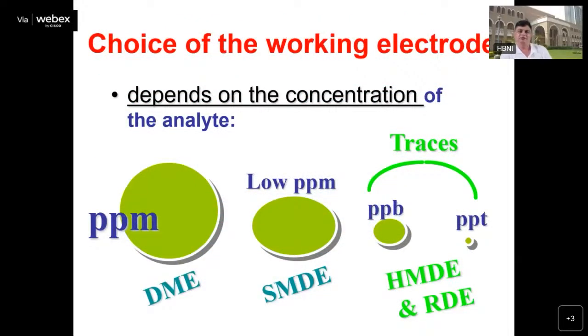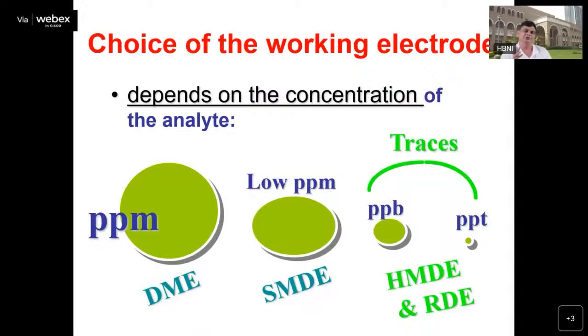See, this is very crucial and important: what kind of working electrode one has to choose, whether to go for the dropping mercury electrode, the static mercury drop electrode, the hanging mercury drop electrode, or the rotating disc electrode. Again, it depends on the concentration of the analytes. If we are dealing with analyte concentration in the ppm range, it is better to go for the dropping mercury electrode.